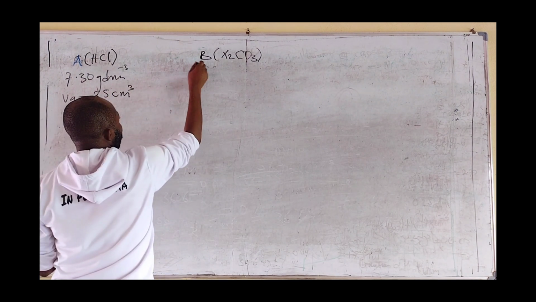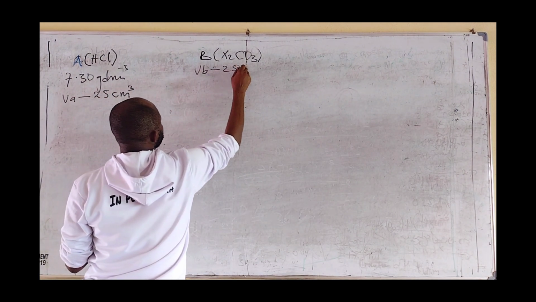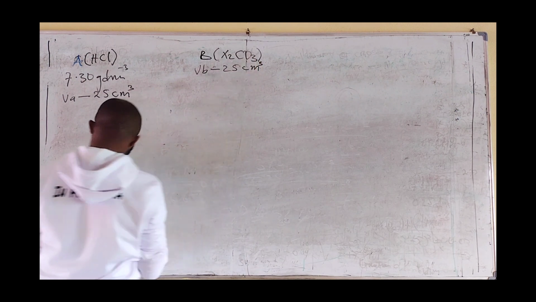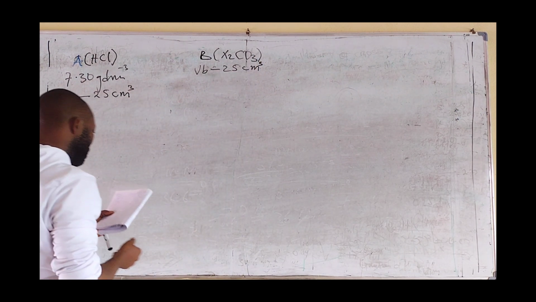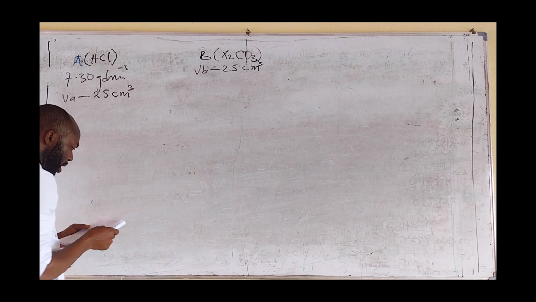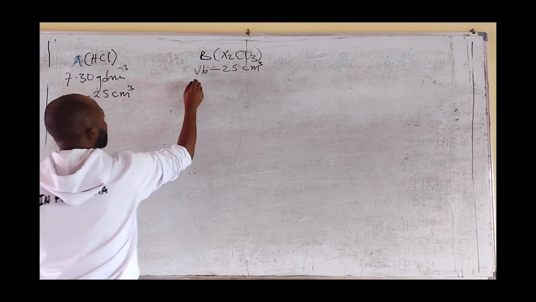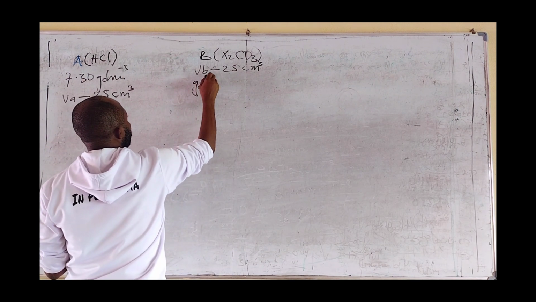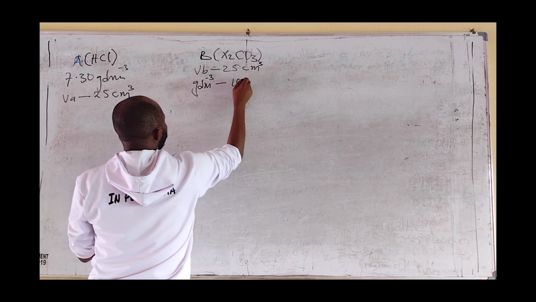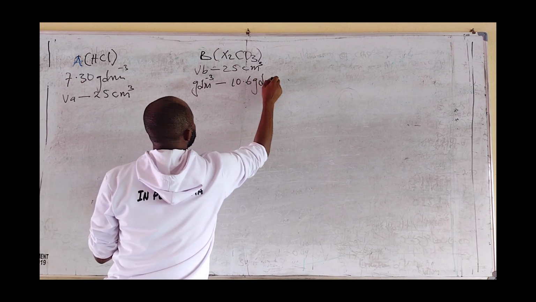The volume of the pipette, VB, is also 25 cm³. Now, the base contains 10.6 g/dm³. The mass count of the base is 10.6 g/dm³.